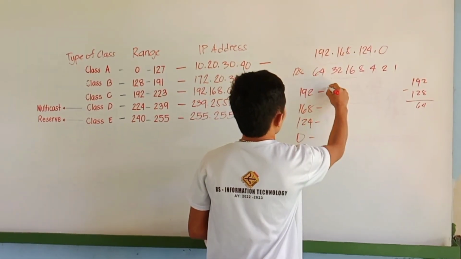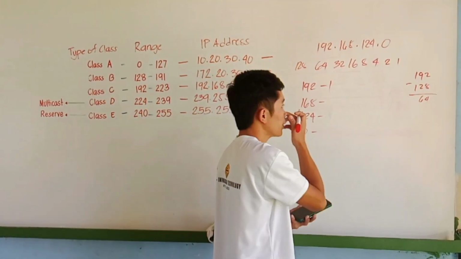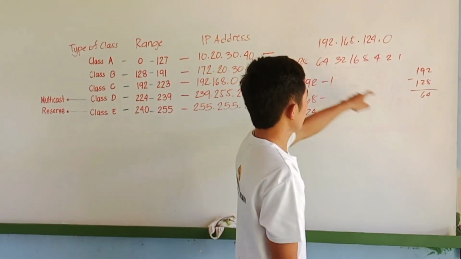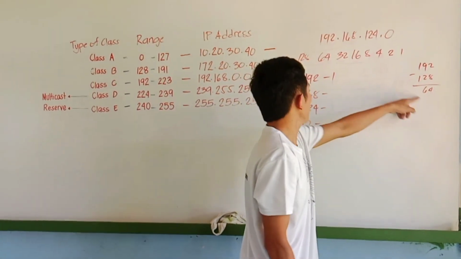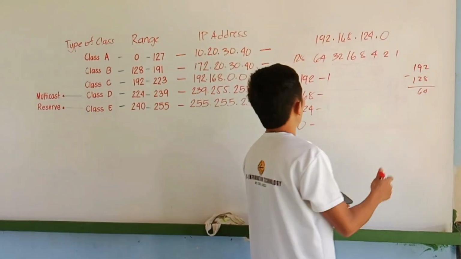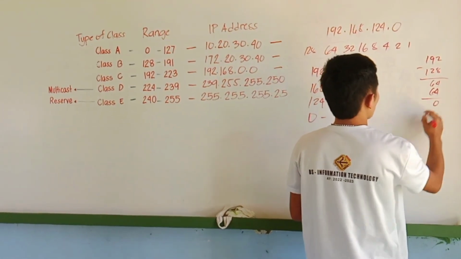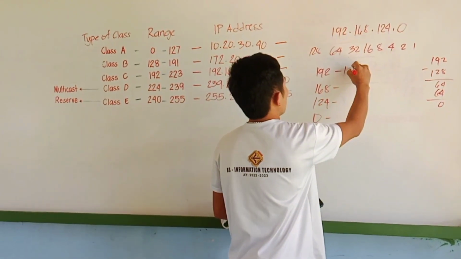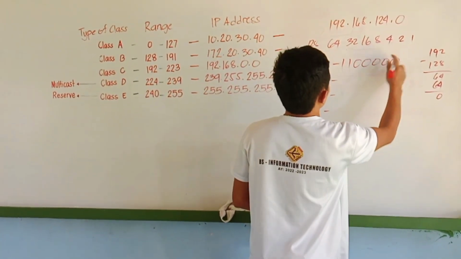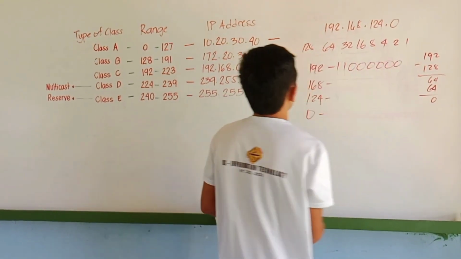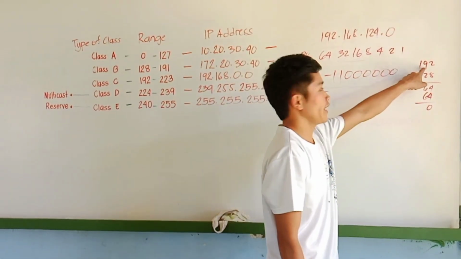So we are going to put 1 because we used the 128. Then 64. The answer is 64, so we subtract the 64 from this 7th bit, and the result is 0. So we put 1 again. Then for the rest of the bits, we put 0. Because if you add 128 plus 64, it will become 192.